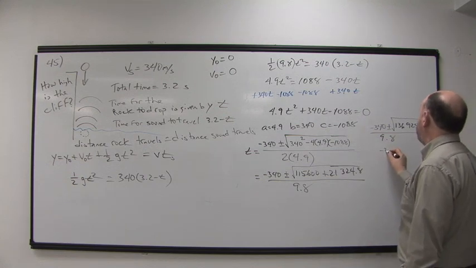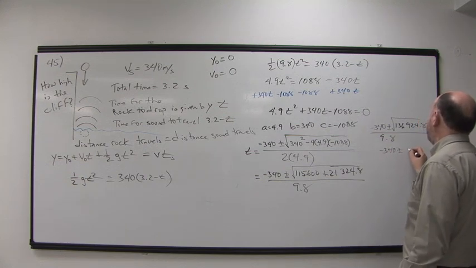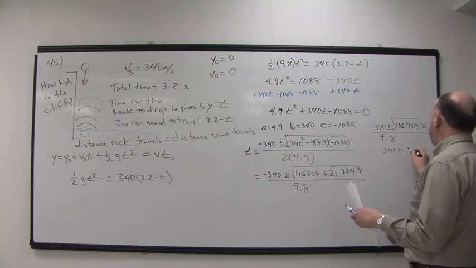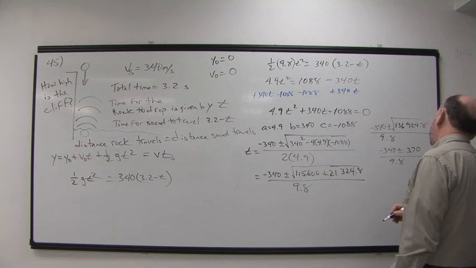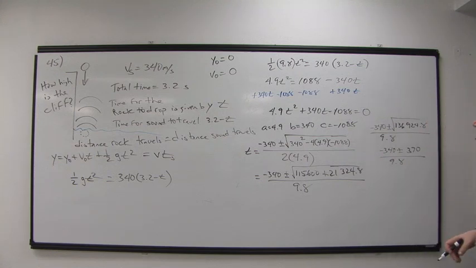And this will be minus 340 plus or minus 370, over 9.8. Generally in a quadratic there could be up to 2 answers.